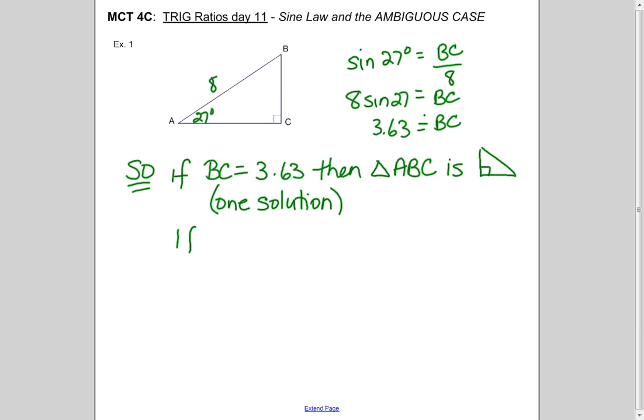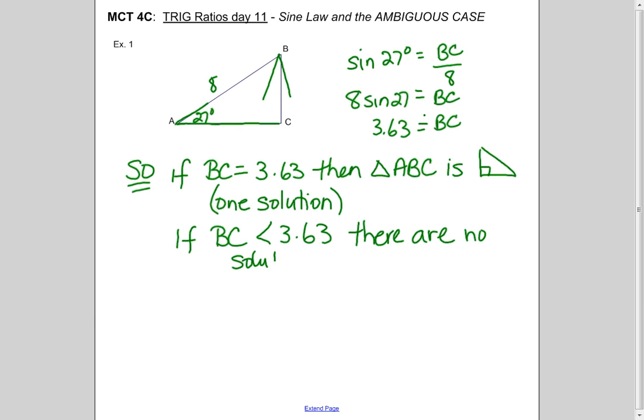However, if the length of BC is shorter than 3.63, then because this 27-degree angle and the 8 are locked, my BC is going to dangle because it won't be long enough to reach the bottom. So if BC is shorter than 3.63, there are no solutions, meaning there are no triangles which fit this data.